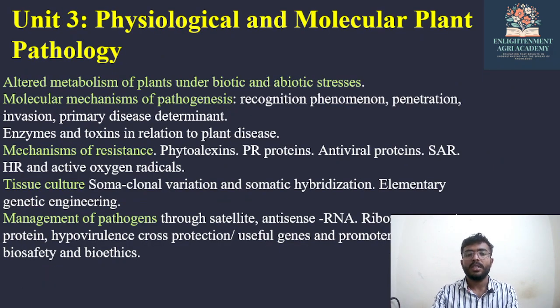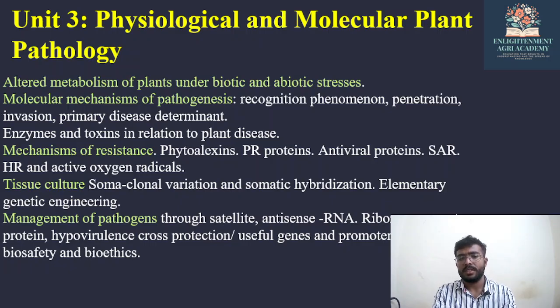Here we discuss the third unit, physiological and molecular plant pathology. The altered metabolism of plants under biotic and abiotic stress, molecular mechanisms of plant pathogenesis, then recognition phenomena, penetration, invasion, and primary disease development. How did the disease development mechanism develop in plants?